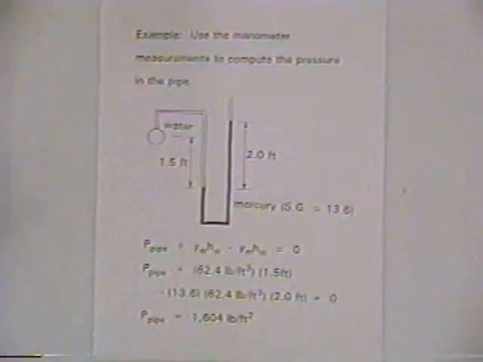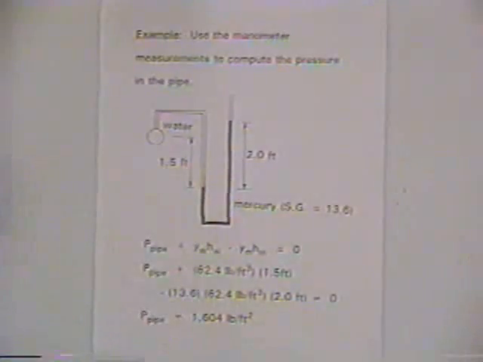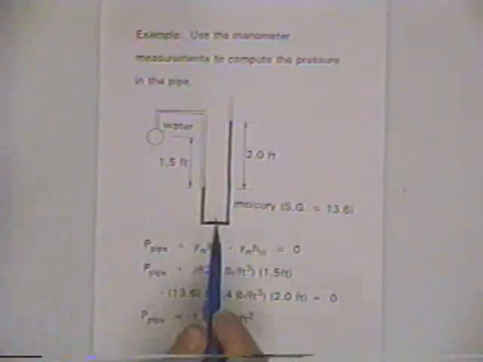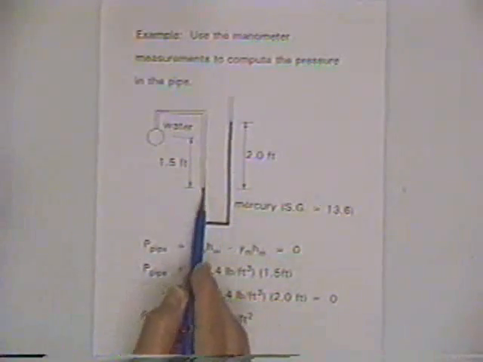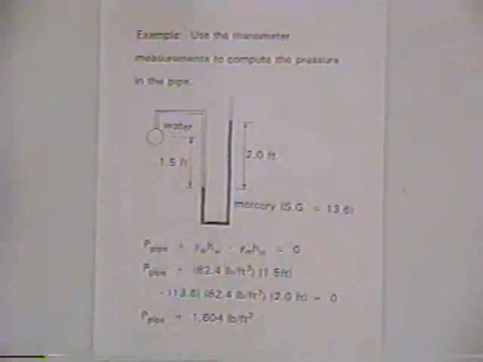Mercury doesn't rise nearly as much as water, since it has a much greater density. So in many cases, we'll use mercury in a manometer. What we read is where the meniscus of the mercury is, and there's a 2 feet difference.